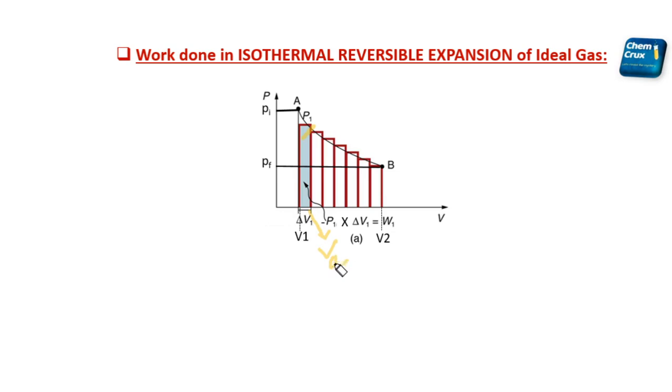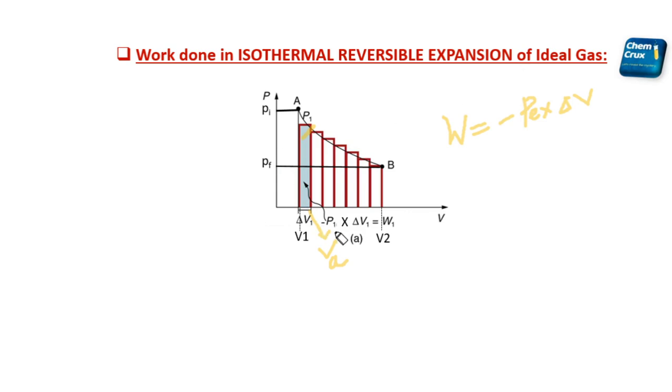So the change in volume is delta V1, right? Now we know the expression for work done is minus P external into delta V. So the volume change against the final pressure, right?